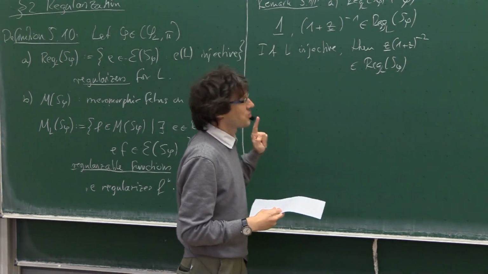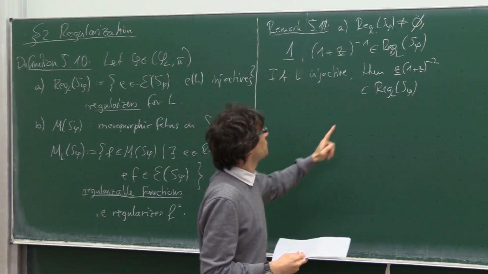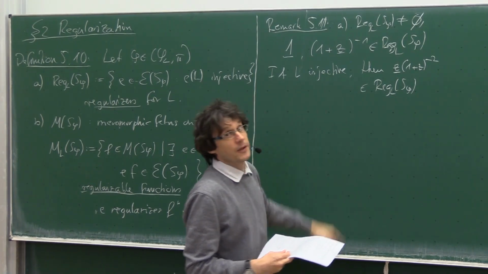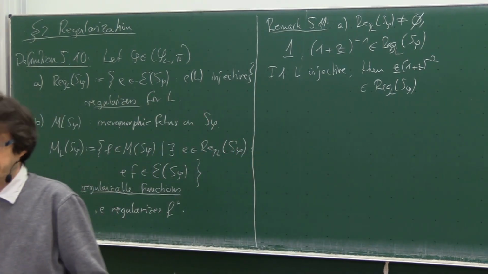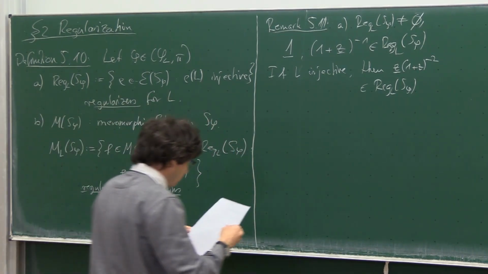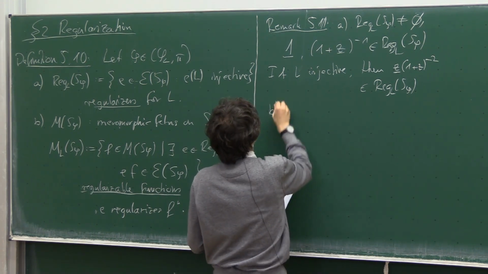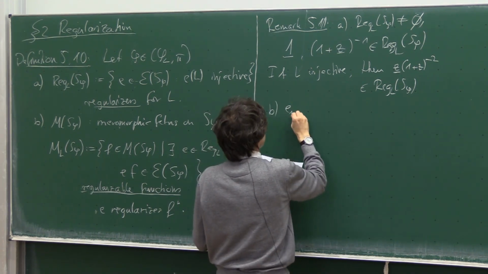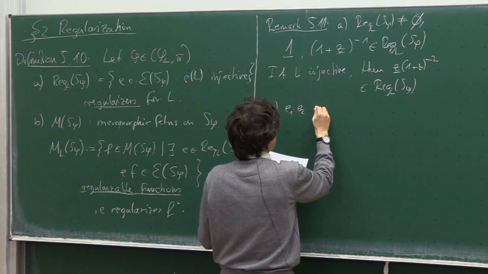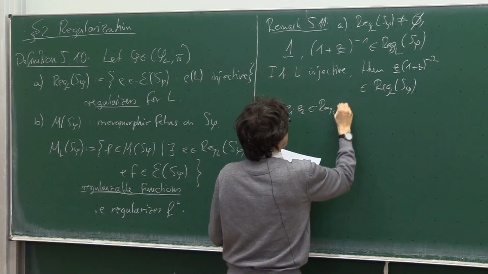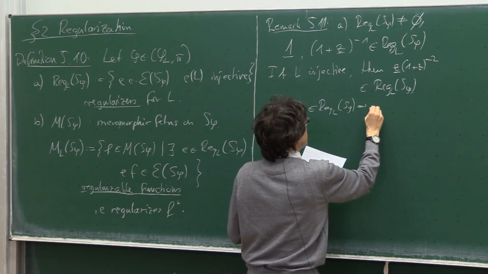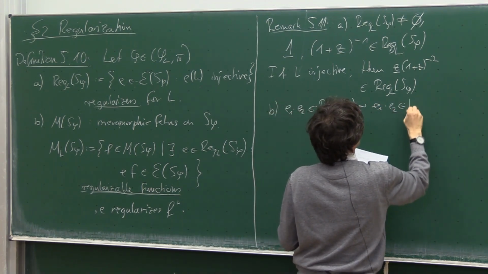But keep in mind, you can only use this one if you know that your operator L is injective. And second thing, easy but good to keep in mind, is that if you have two regularizers, their product always is a regularizer.